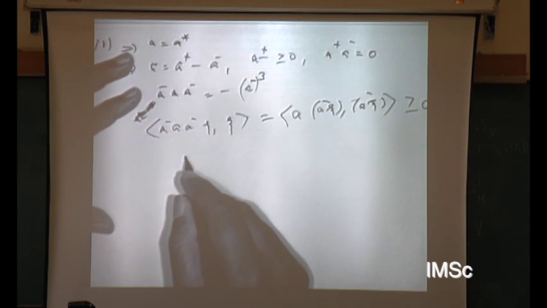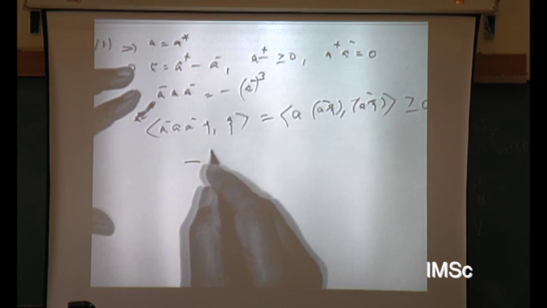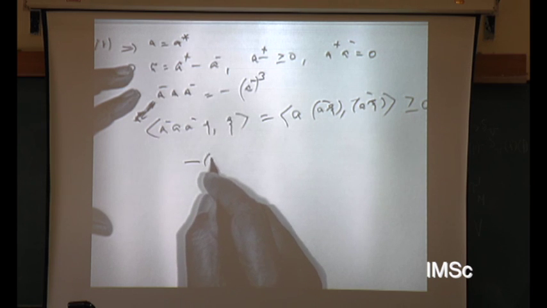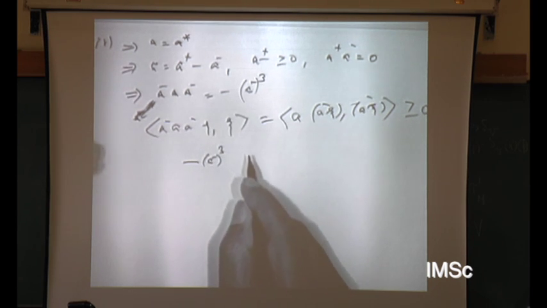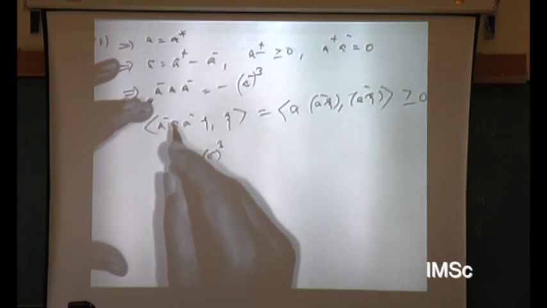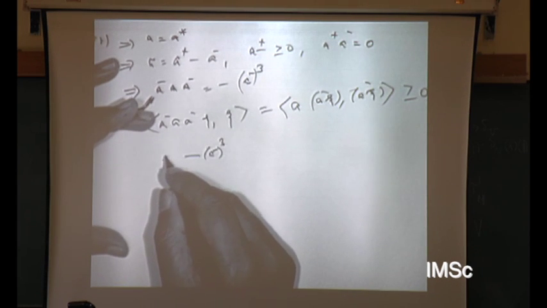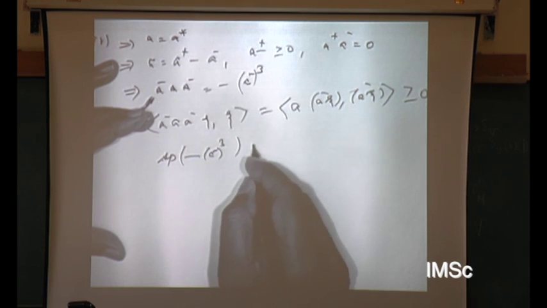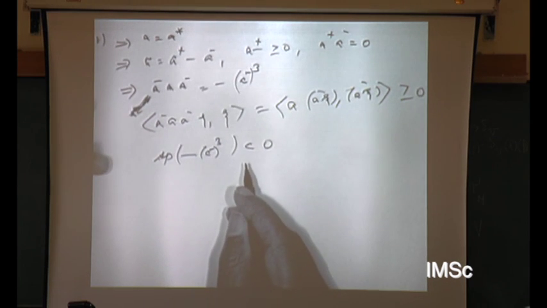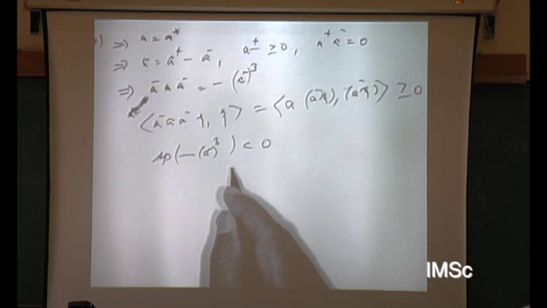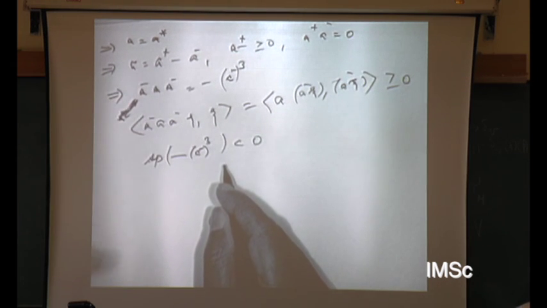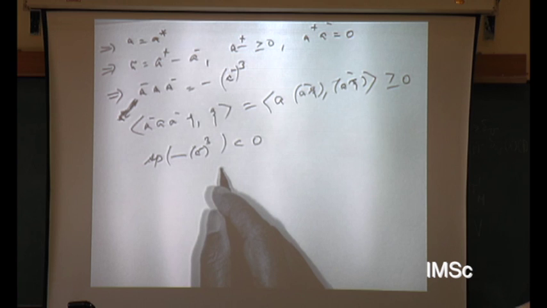On the other hand, minus A minus cube clearly has spectrum contained in R minus, or A minus cube is positive. So it will have positive quadratic form.